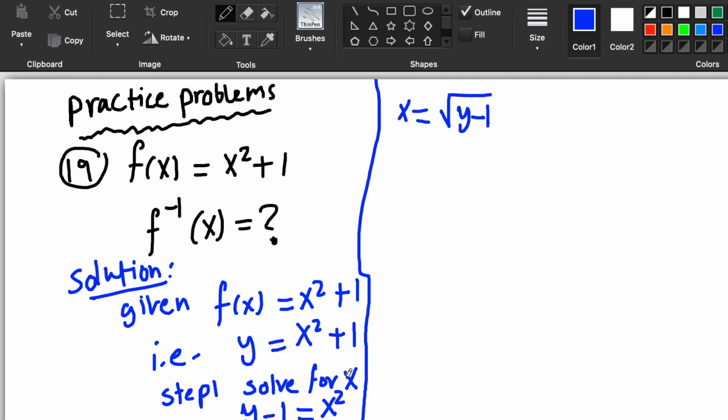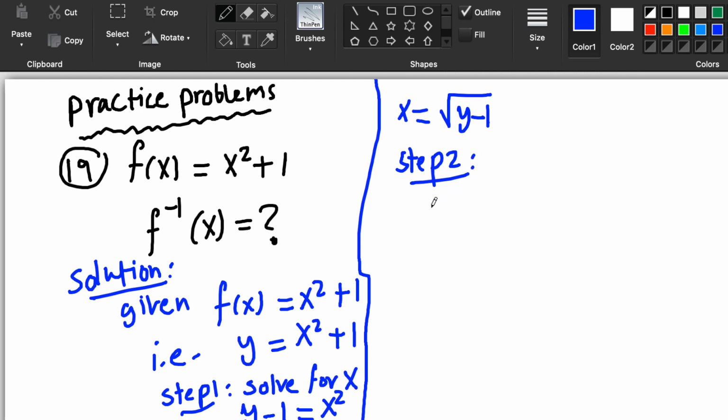So what does it mean to solve for x? It means we want to get the value of x from here in terms of y. So this is what we get. This is step 1.